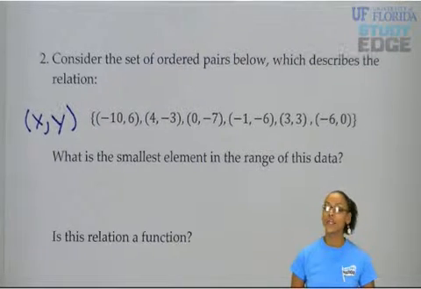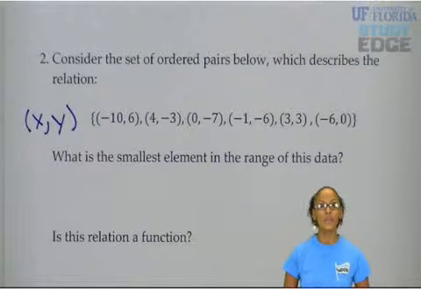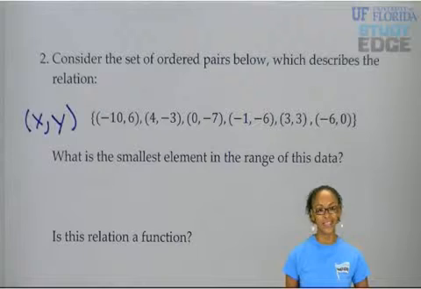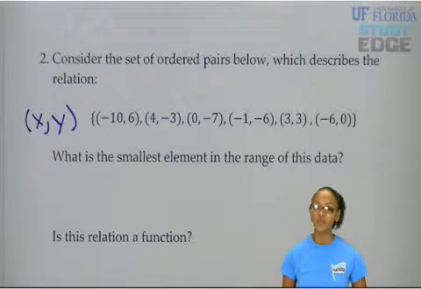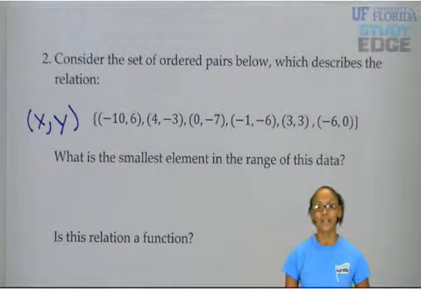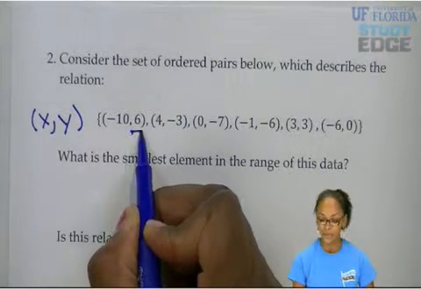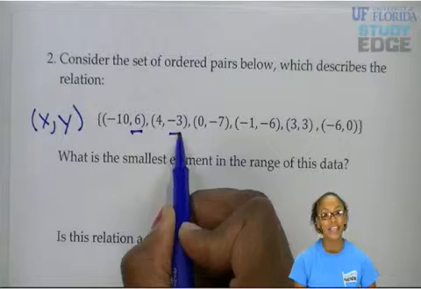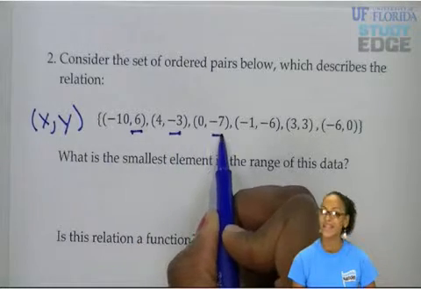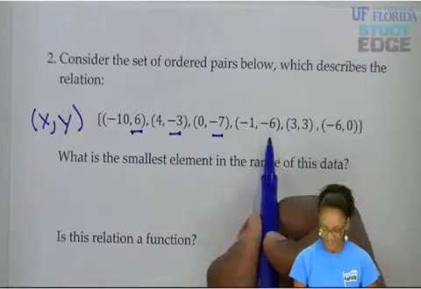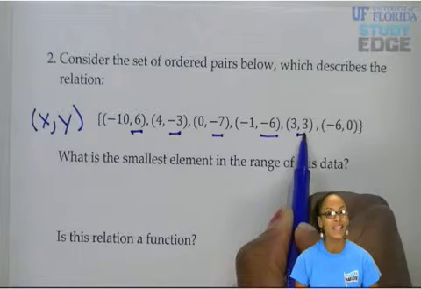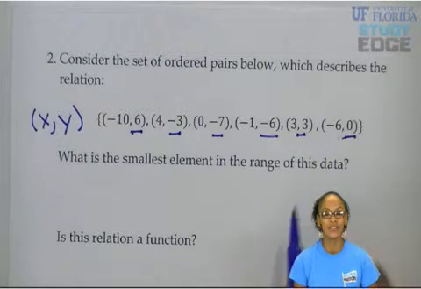So we can go through and underline all of the elements in the range, all of the y coordinates, and then answer the question by finding the smallest of those elements. Sounds good? Okay. The first is 6. Then we have -3, -7, then -6, then 3, and lastly 0.